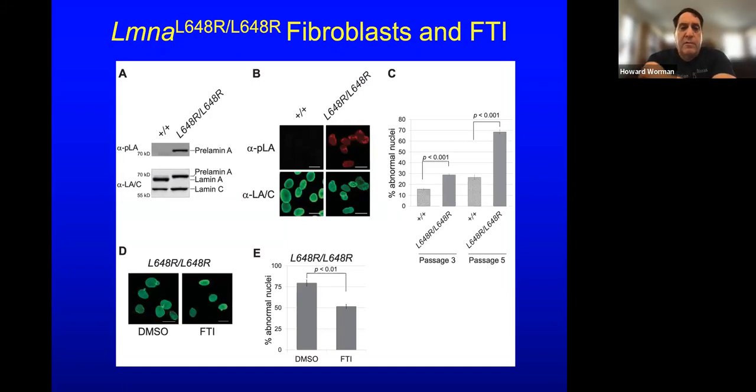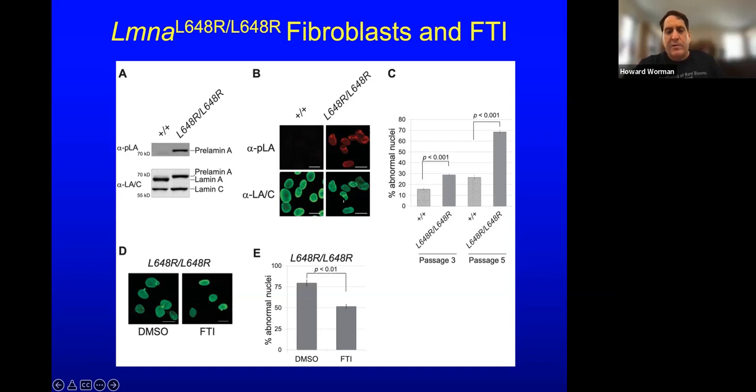Okay, so most of you know that one sort of readout for laminopathies, and particularly the progeroid laminopathies, is alteration in nuclear morphology. So we isolated embryonic fibroblasts from these mice, and you see the mutant mice express only Prelamin A in their fibroblasts, wild type mice only Lamin A and no Prelamin A. When we looked at these labeled for Lamin AC or labeled for Prelamin A and looked under the microscope, you can see these abnormal shaped nuclei here.